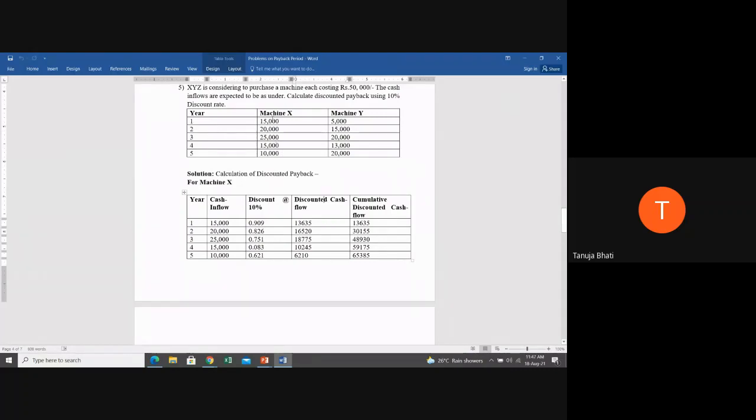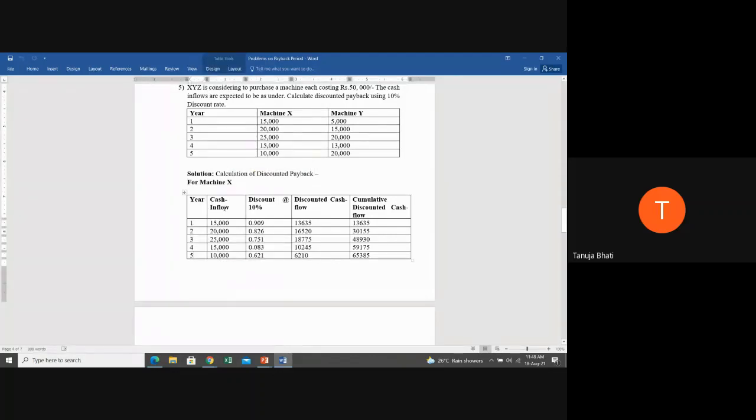Okay, now students, see, for machine X, since they are asking us discounted payback period, what we have to do is discount the returns of each year using the tables, and find out first the discounted cash flow. So you can see the solution here for machine X. First you write the year, that is year 1, 2, 3, 4, 5.